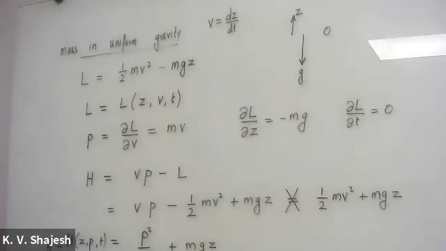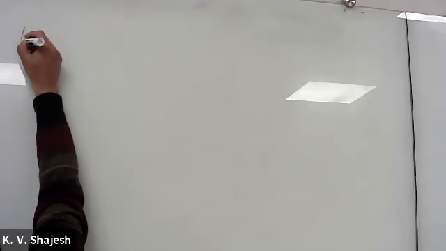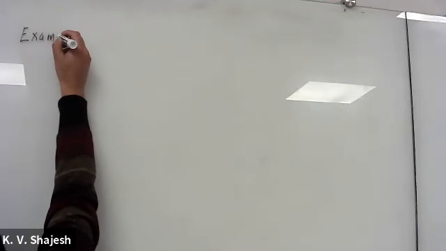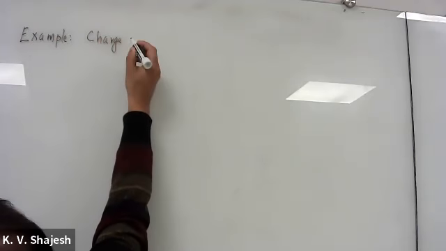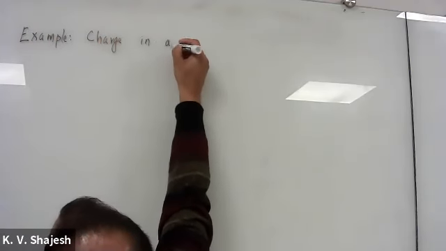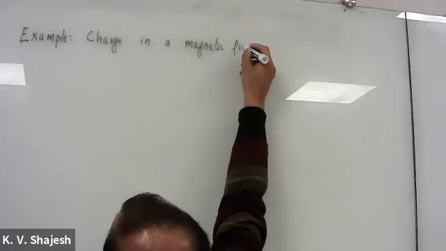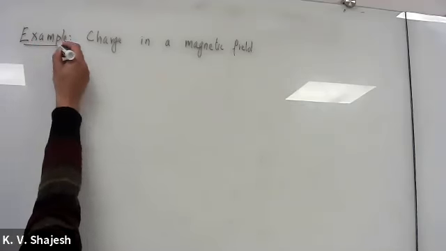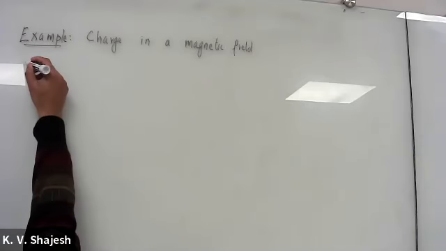So now let's do the magnetic field problem. Let's write down the Lagrangian. The example is a charge in a magnetic field. Remember the Newtonian way of doing it.